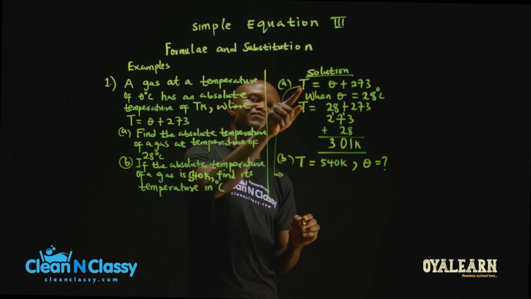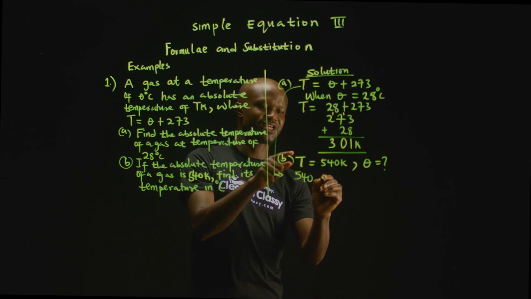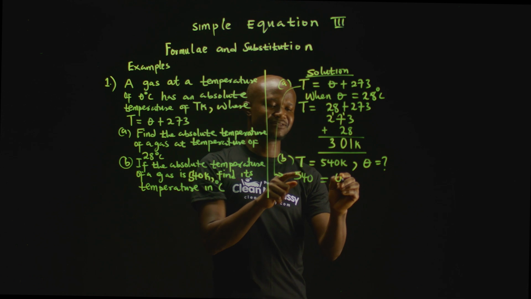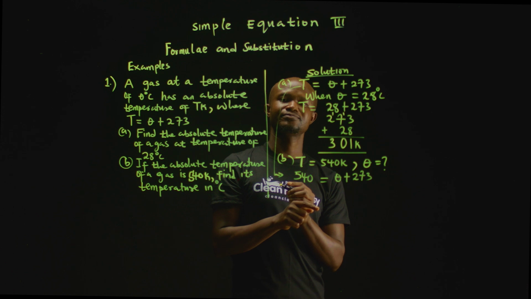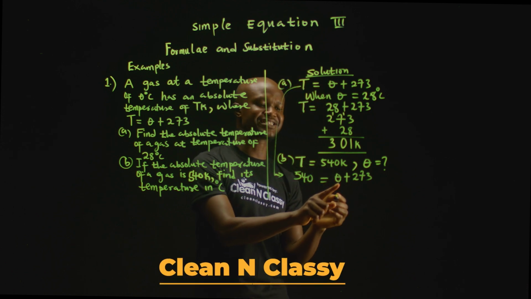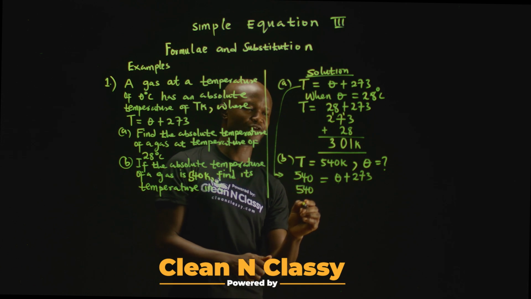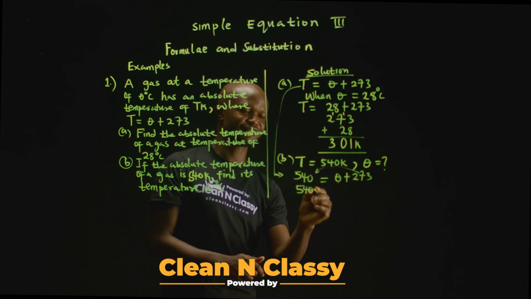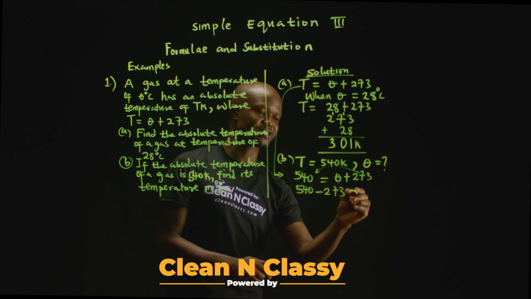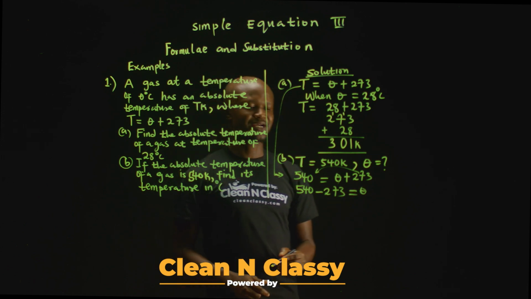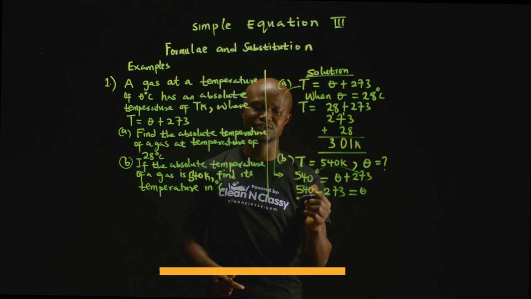Now, from the left-hand side, we have T to be 540 equals theta plus 273. Now, we need to find theta. We collect like terms. Collecting like terms, we have 540, bringing this to the left, minus 273 is equal to what? Theta.